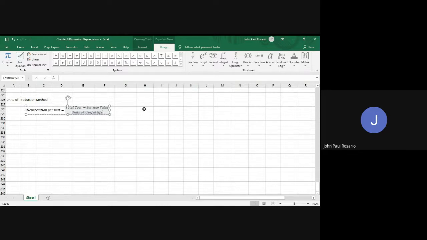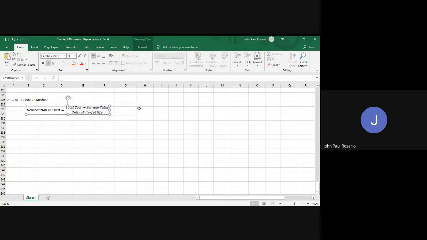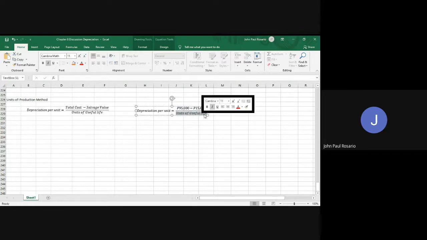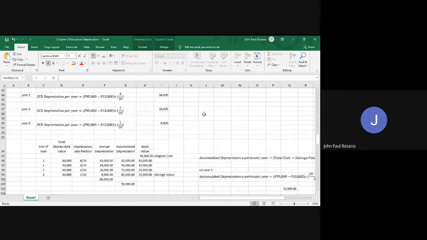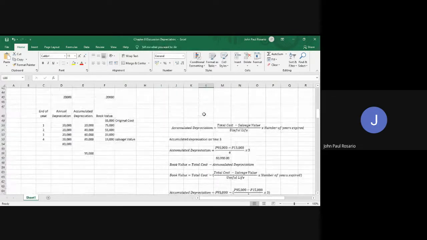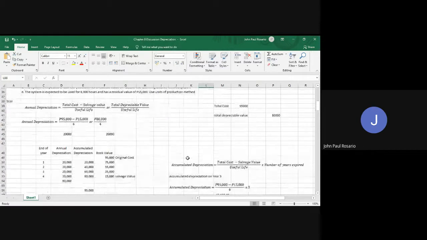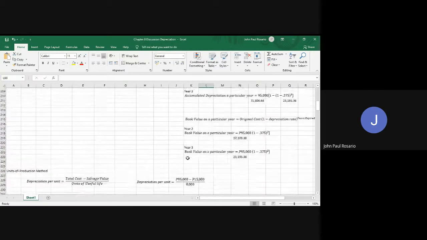So in the case of our problem, our depreciation per unit is equal to 95,000 less our 15,000, and then our units of useful life, which I think was 8,000 hours. Let us recall the problem. Yeah, 8,000 hours.